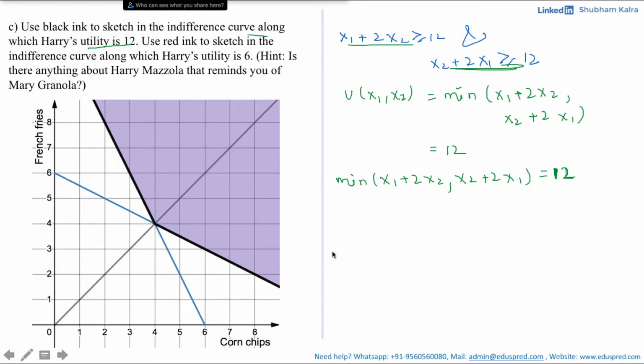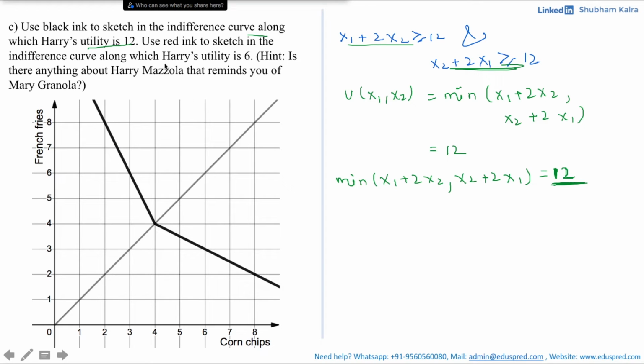Now note one thing here: in this particular case we are getting the indifference curve as this simple line, but there could be a region which corresponds to a value of 12 and not just a single line. You have to consider that entire region while drawing your indifference curve, and that entire region is called an indifference band and not an indifference curve. So be very careful while you're seeing which part of the shaded region gives you the value of exactly 12. In our case, this was the solid line, making your indifference curve look like this.